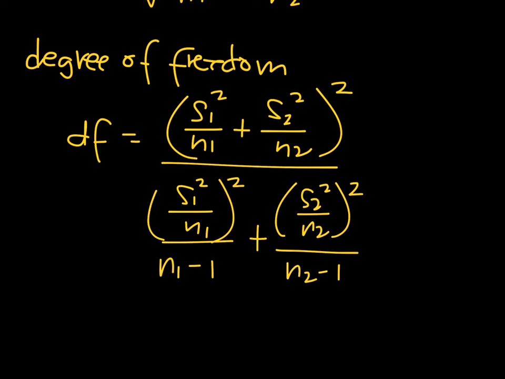So do not be overwhelmed with the formula for the degrees of freedom, because all you need to do is place the corresponding numbers in the formula. S1 squared is the sample standard deviation squared, over sample size 1, plus sample standard deviation 2 squared over sample size 2, and once you put those numbers, you square and then divide.